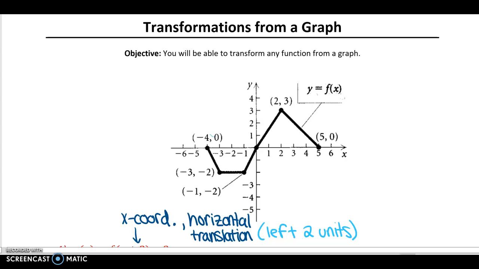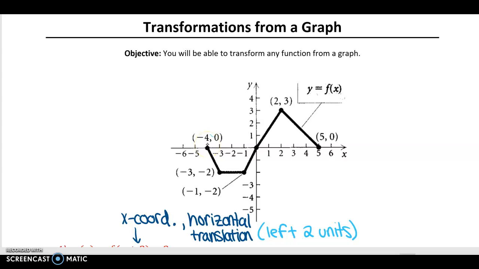So I'm going to take this entire shape here, and I'm going to move it to the left 2 units and down 3 units. So our new function, if I were to just sketch out what it was going to look like, would look something like this. And that's not perfect. You're going to do it perfectly now. Okay. Since it's kind of hard to take the whole function and move it, what you're going to do is you're going to move each point in that direction.